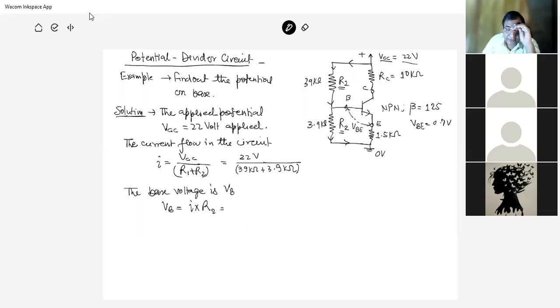So this value is 22 volt into R2, 3.9 kilo ohm, divided by 39 kilo ohm plus 3.9 kilo ohm.